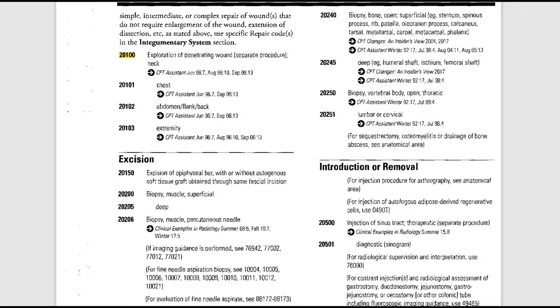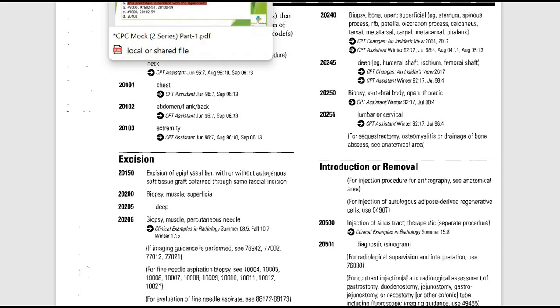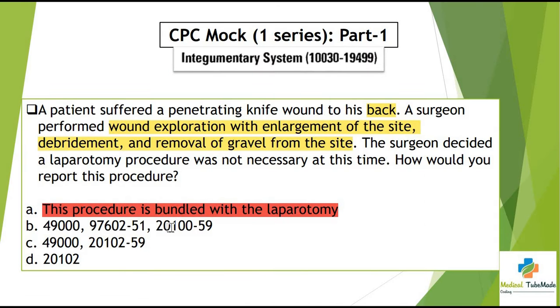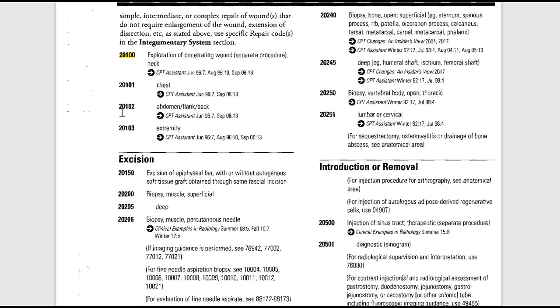So we should eliminate 20100 as well. That means option B is also eliminated. Option C has 49000, which is also eliminated because laparotomy was not performed. So 20102 will be the correct answer.